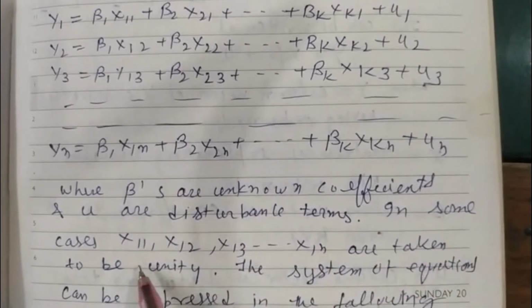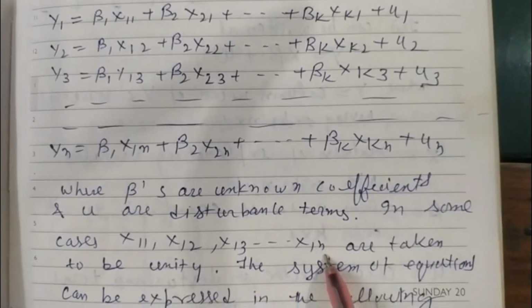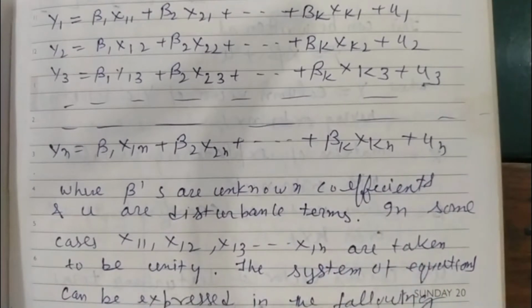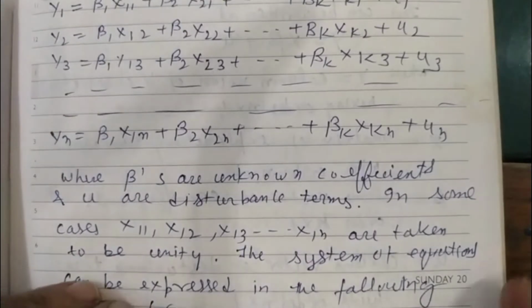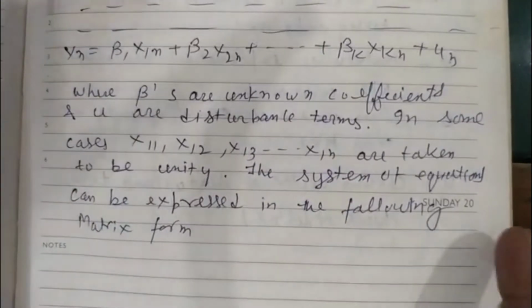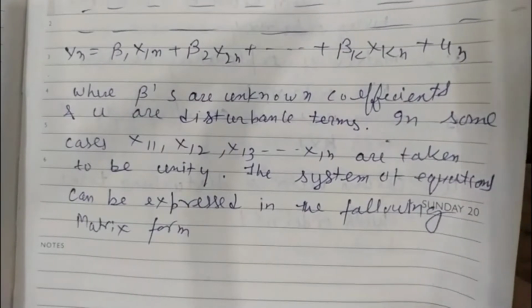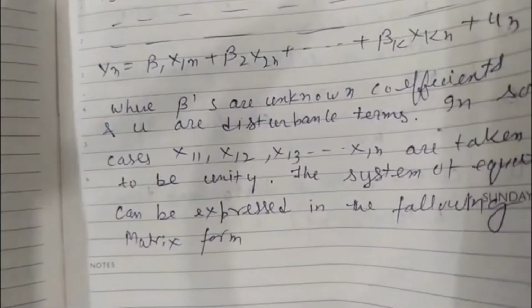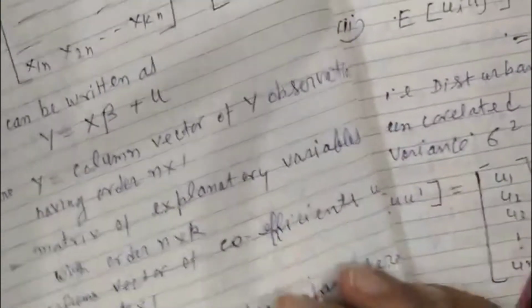In some cases, x11, x12, x13 up to x1n, for one independent variable, are taken to be unity. The system of equations can be expressed in the following matrix form. For the general linear model, the idea of matrices is necessary, which I gave in the previous class and in course AES 519.